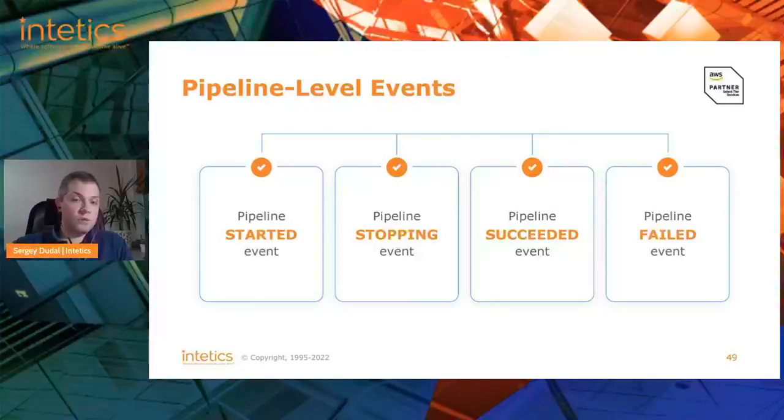Also, we can subscribe Lambda to these events, and we can implement any custom logic in our Lambda to do anything we would like. CodePipeline events are a very powerful tool to automate additional actions, additional operations around our release process.